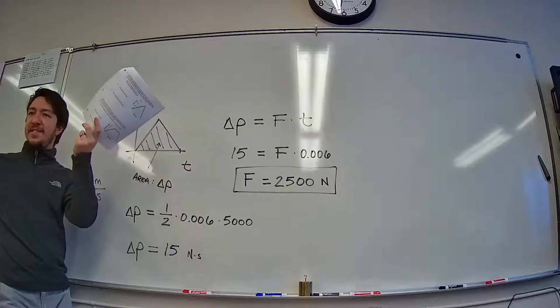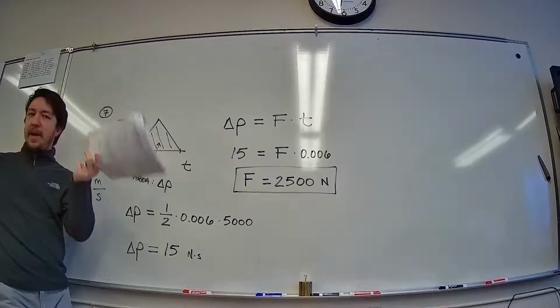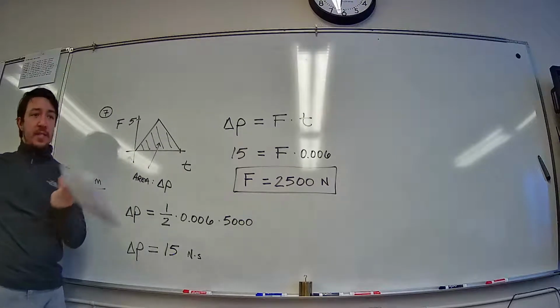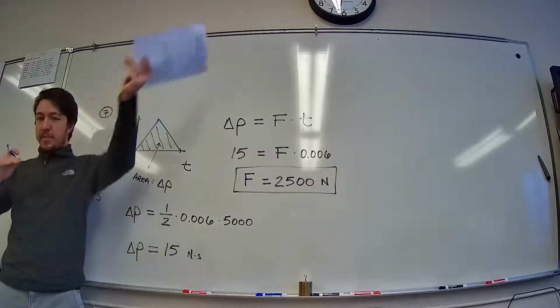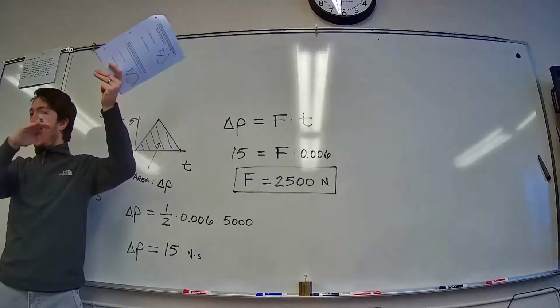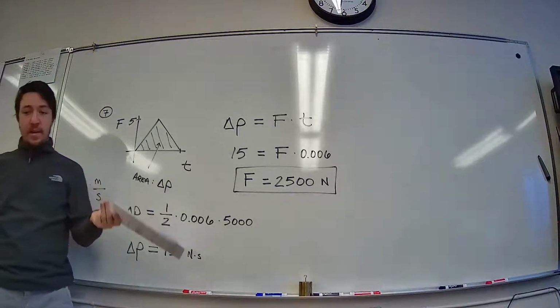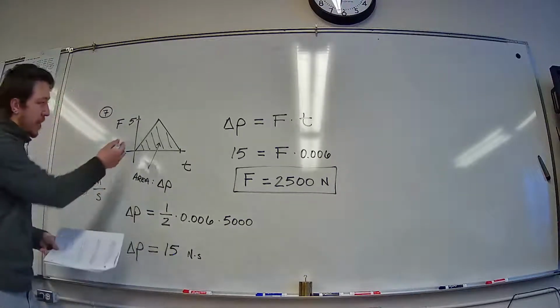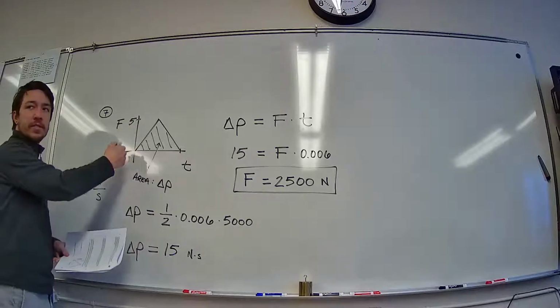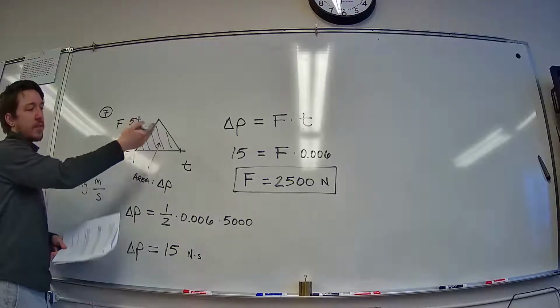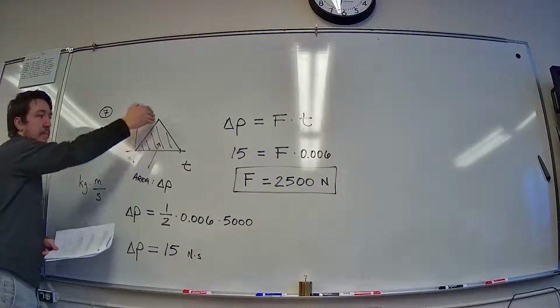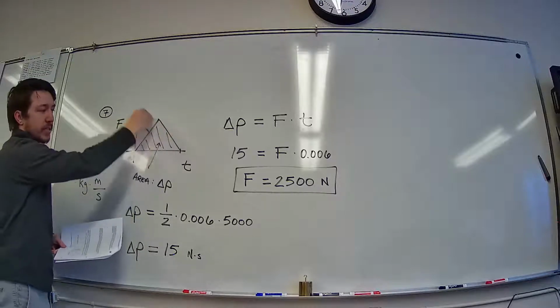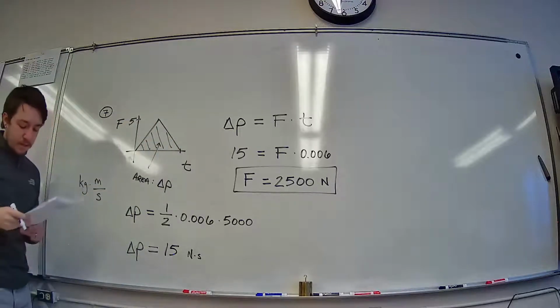In kinematics, if you accelerated from some speed up to some other speed, the average speed was halfway, if it was a linear change. The same thing is happening here. Since the force is changing linearly, the average force ends up being half. And the same thing is true on the descent here, it's halfway.